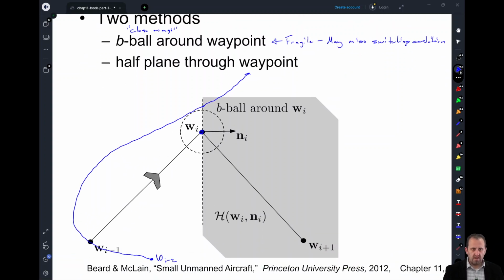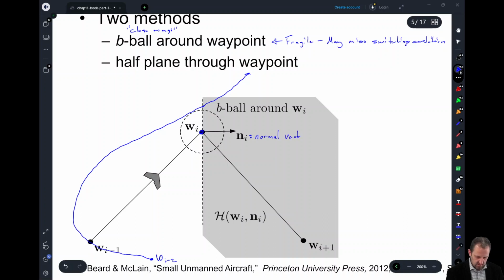A very much more robust way of doing so is defining a half plane through the waypoint. In this case, we're going to define some normal vector to a half plane.